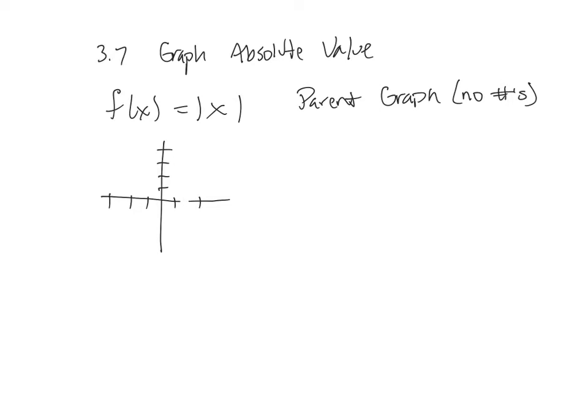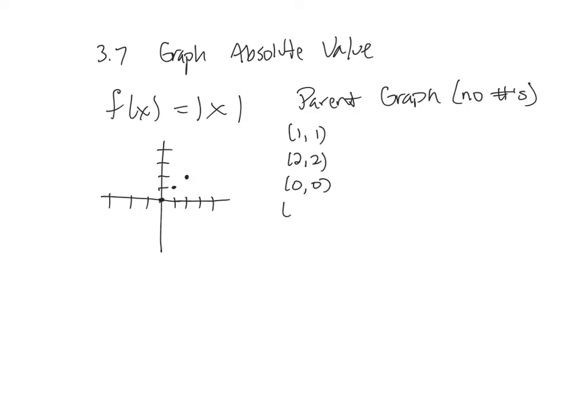And so what this parent graph looks like, if I plugged in 1, the absolute value of 1 is 1. If I plugged in 2, the absolute value is 2. If I plugged in 0, I would get 0.